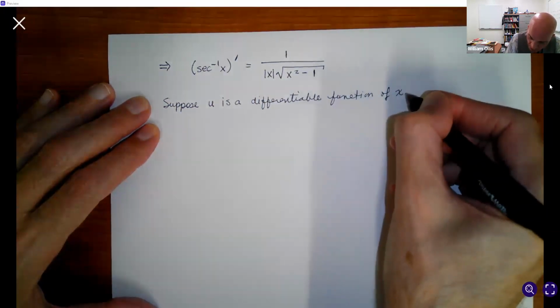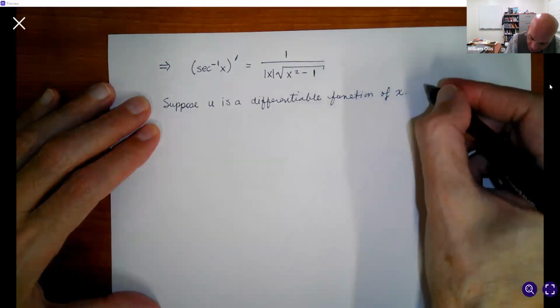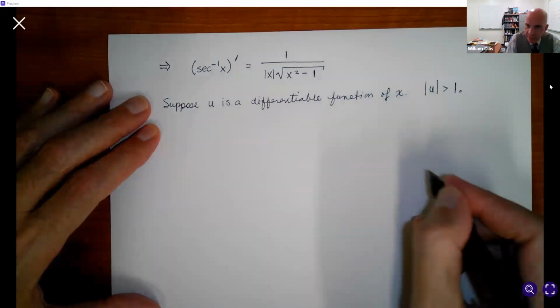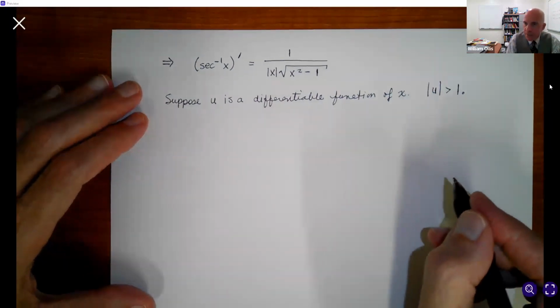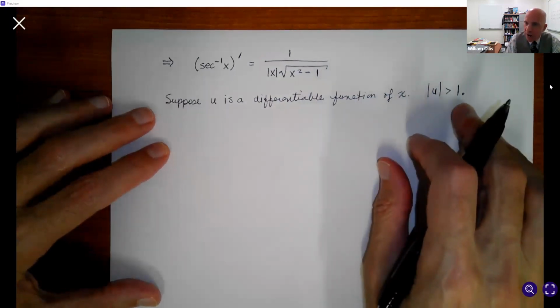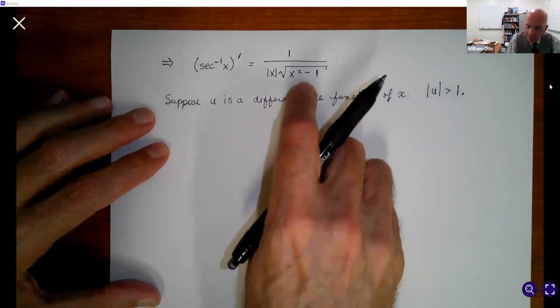And then, of course, the assumption is that u in absolute value would be greater than 1. We kind of kicked out the equal to 1 because of the division by 0. But again, that's tacitly assumed. You don't necessarily have to write that, but you can look at the form and see that that would be the case.